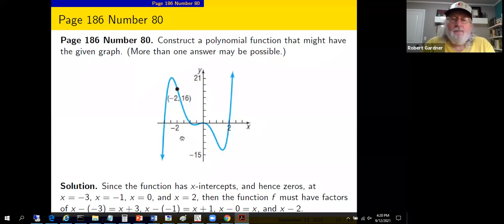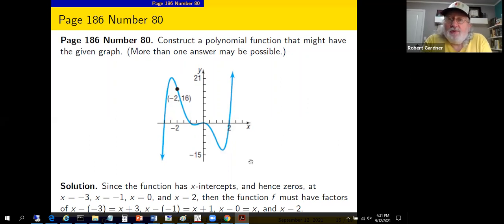Anyhow, I need the x-intercepts. So I definitely need to know the calibration on the x-axis. We've got an x-intercept here. This is x equals -3, right? Here's an intercept at -1, an intercept at 0, and another x-intercept at 2. So we get -3, -1, 0, and 2 as the x-intercepts.